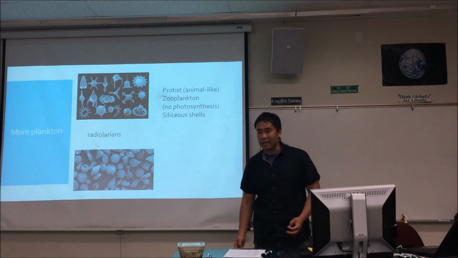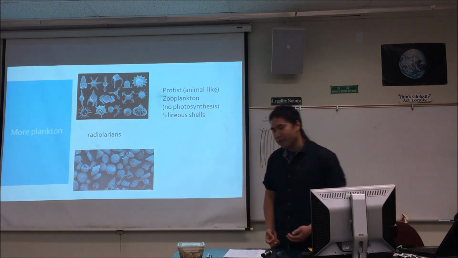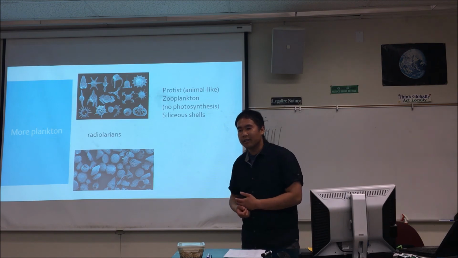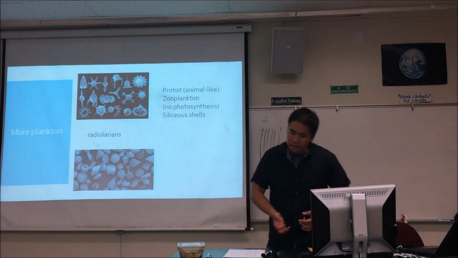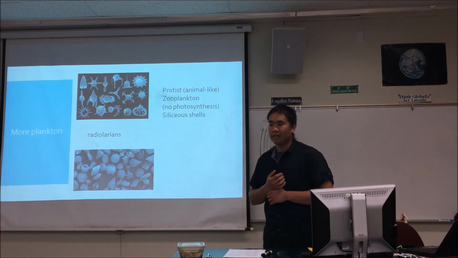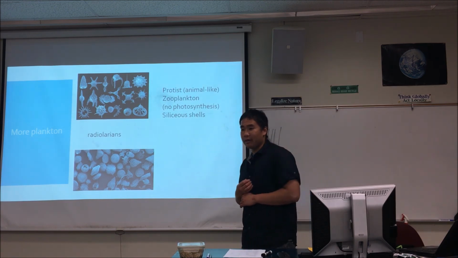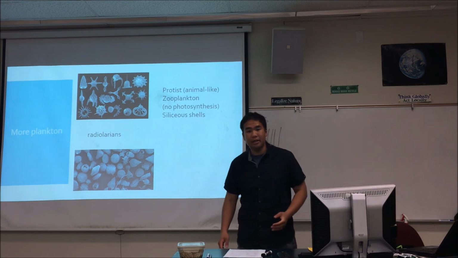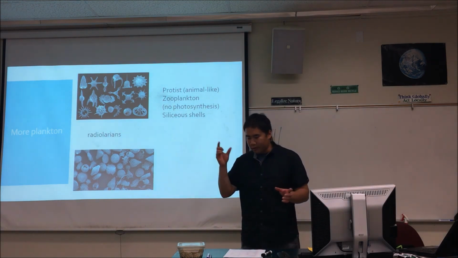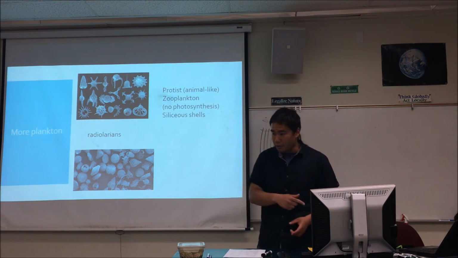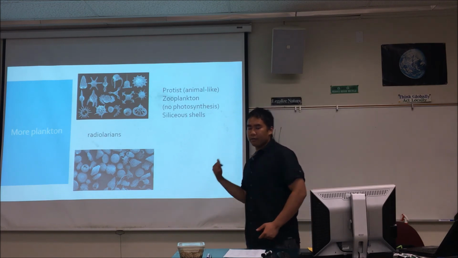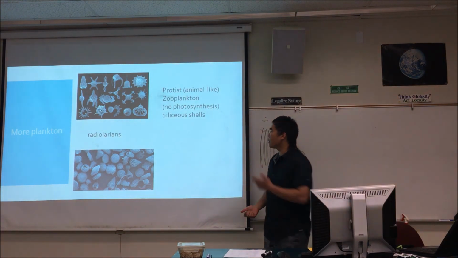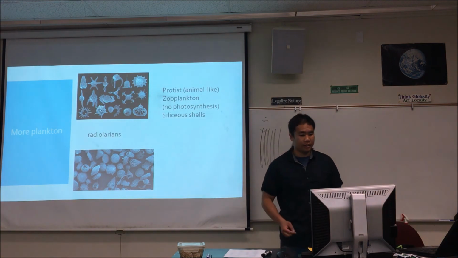It consumes, right? It doesn't do photosynthesis. If it did photosynthesis, what type of plankton would I have to call it? A phytoplankton, right? Remember, the second classification scheme of plankton that we went over yesterday is phytoplankton or zooplankton, depending on whether they're producer or consumer. So these ones are not animals, but they're consumers, so we have to call them zooplankton in this case.